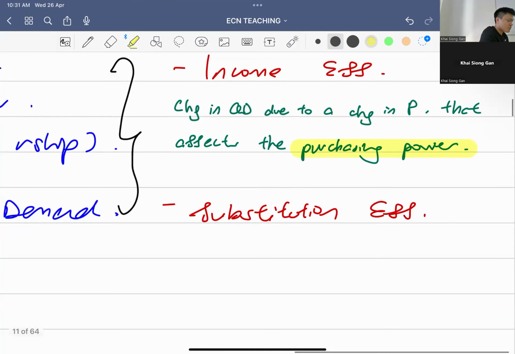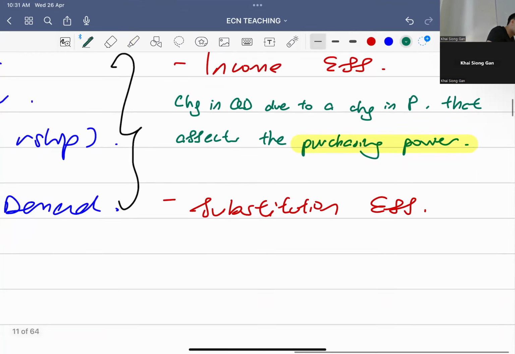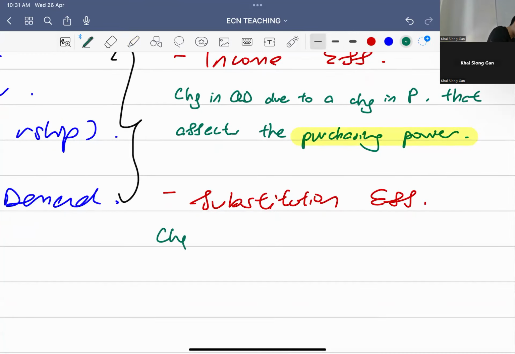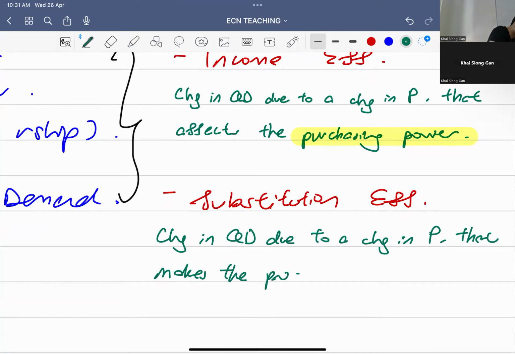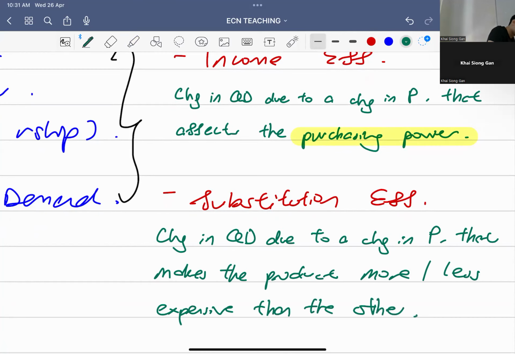Okay, so that's the explanations. Now, what is substitution effect? Substitution effect means the change in quantity demanded due to a change in price that makes the product more or less expensive than the other.